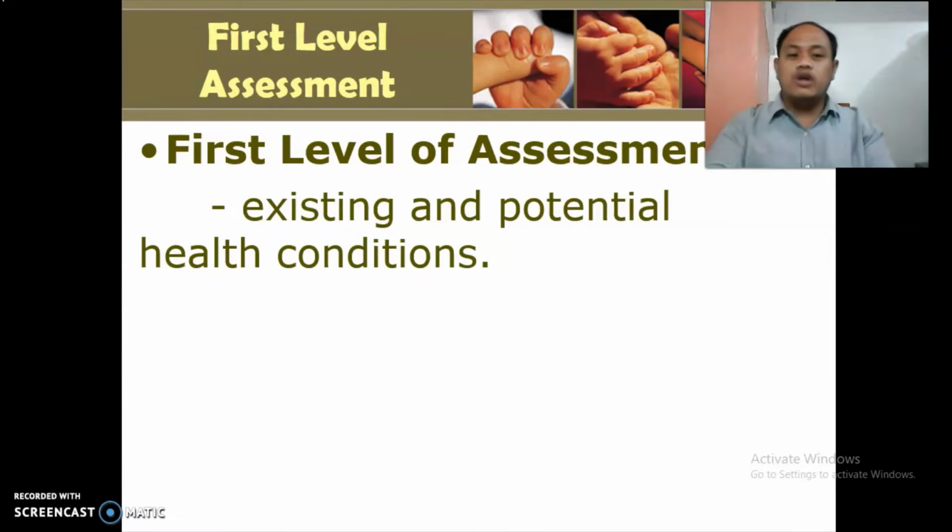So basically, we are going to identify any failure of the family to maintain their level of functioning, any activities they do to improve their wellness, any presence of risk factors that can affect their activities of daily living, and of course any situations that will change their overall health status in general. So yun po yung pag-uusapan natin under the first level of assessment.